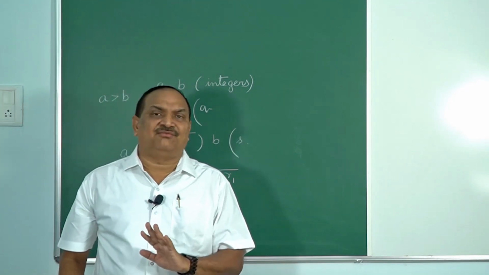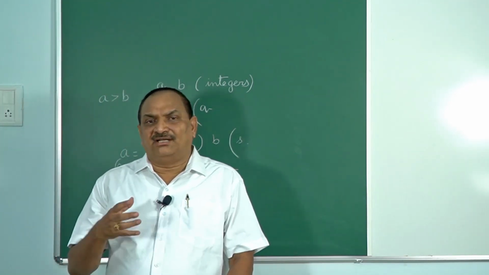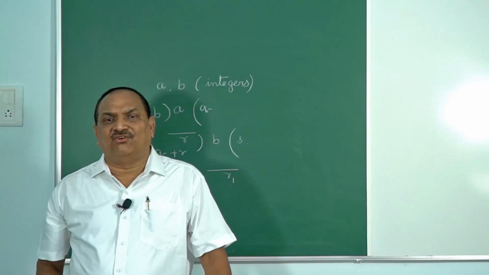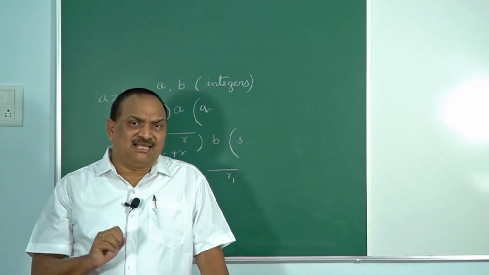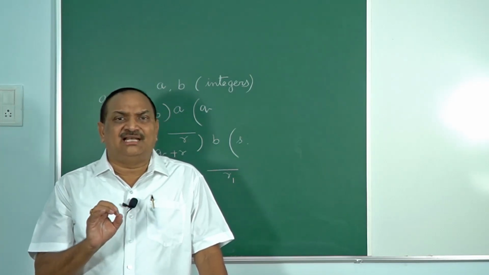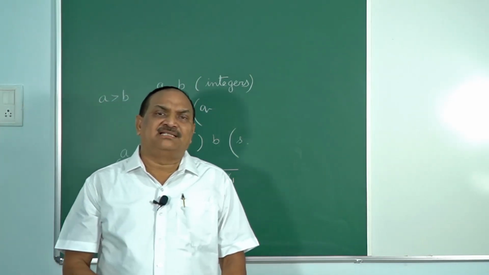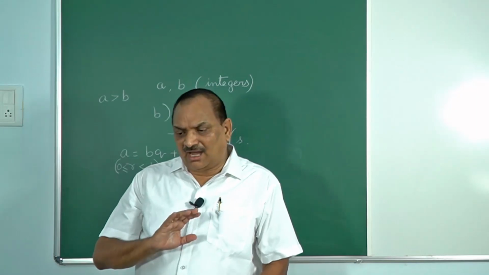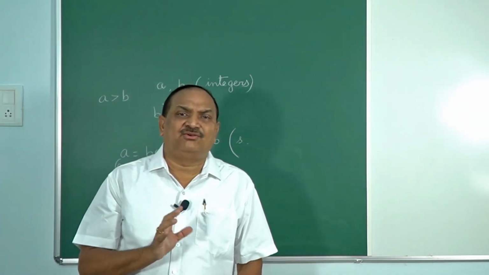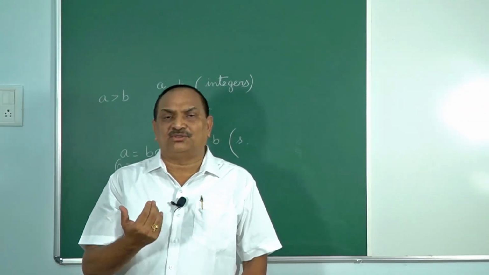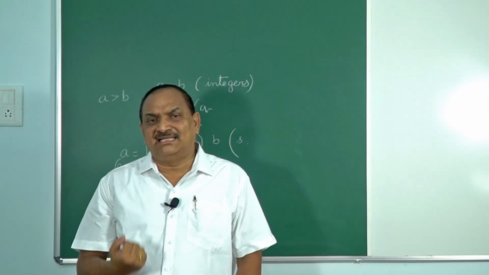So there are two things which should be focused on. One is Euclidean division lemma. It just gives you the relation between the components of division, and how do we use it to find out the HCF of two integers. What is the procedure for that? What is the algorithm for that?